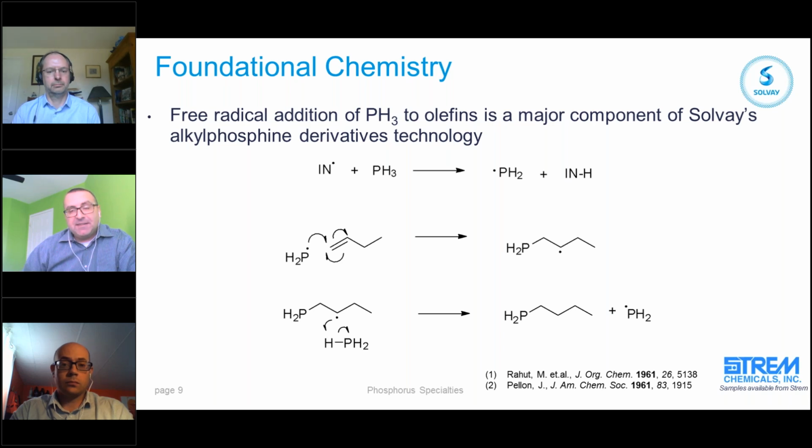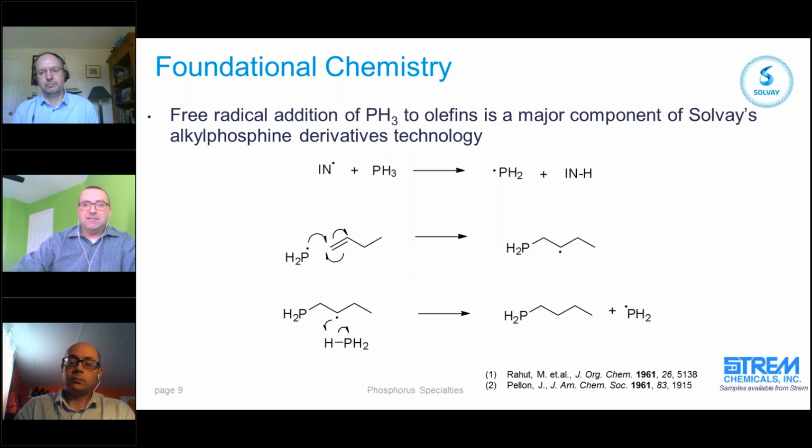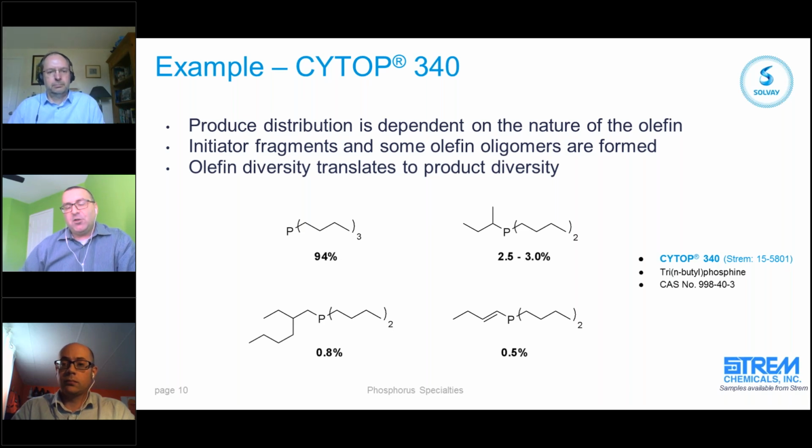Of course, if you were to repeat this process multiple times, eventually you would get to secondary and tertiary alkyl phosphines. The scheme that I had shown with butene leads to, of course, tributyl phosphine, shown in the top left corner of the scheme here. This is a fairly standard product that the Phosphorus Specialties group offers, along with that trialkyl phosphine.